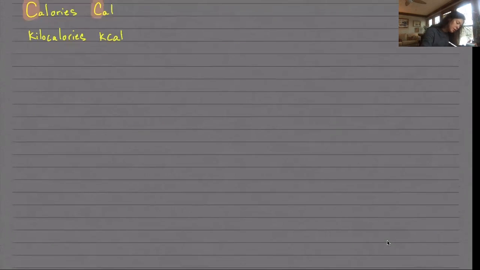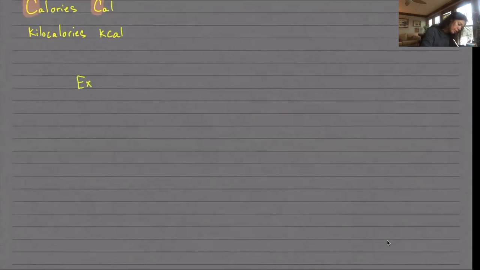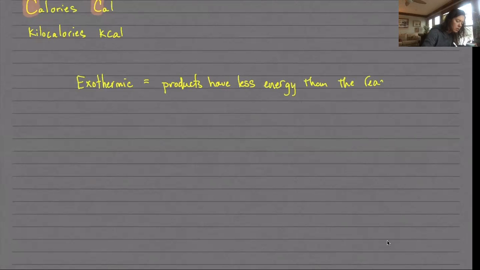Another thing, let's talk real quick about your exothermic. Here we know that the products have less energy than the reactants. Let's get the word energy in there. All right, that means that heat is released in this process.